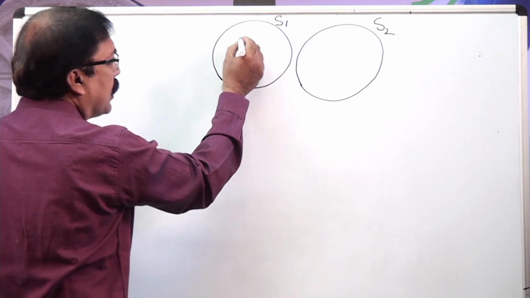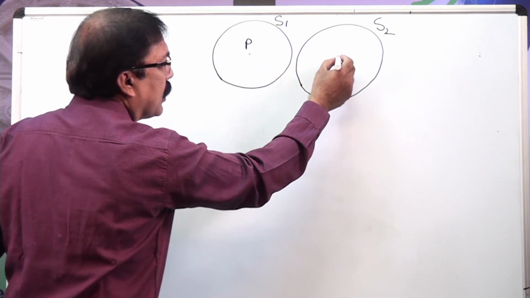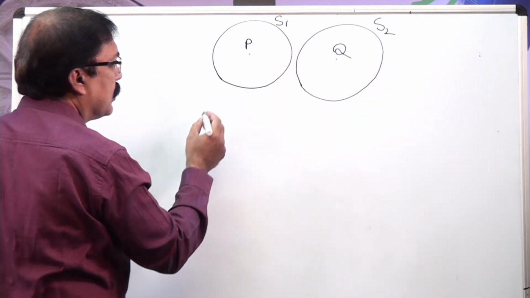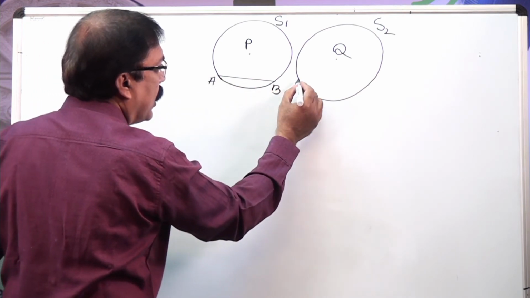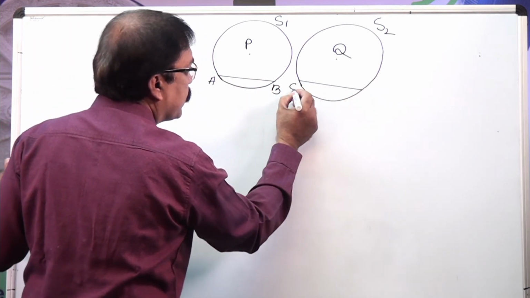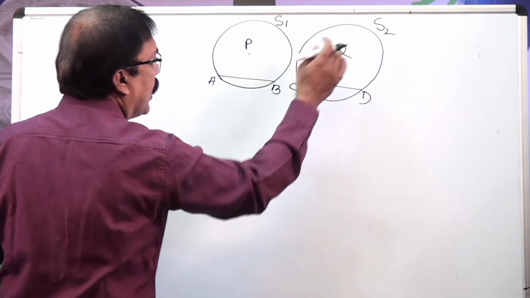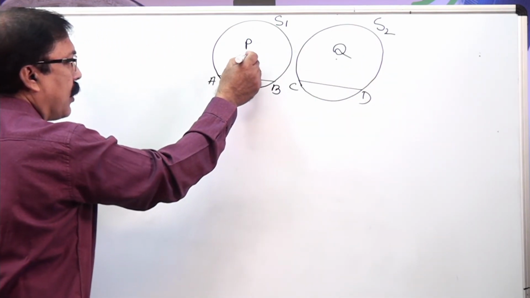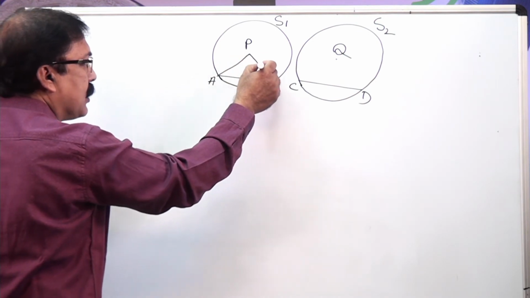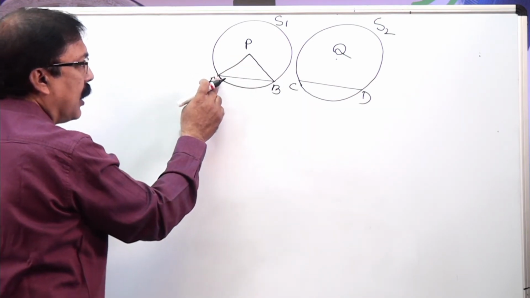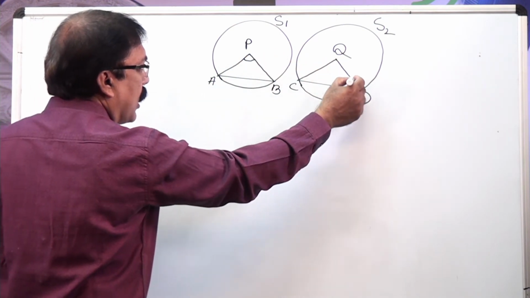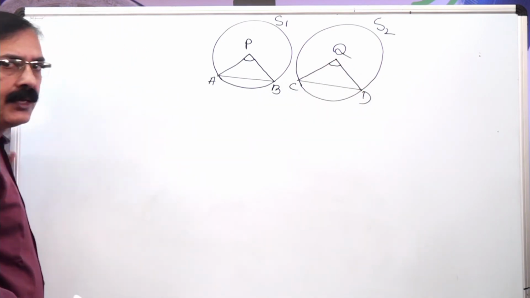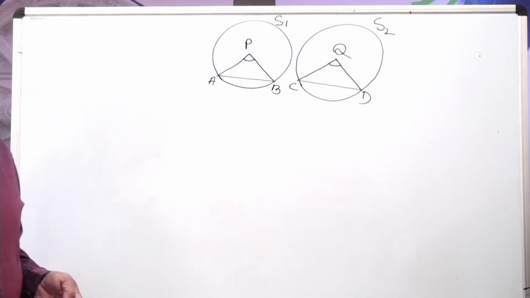If P is the center of the first circle and Q is the center of the second circle, and we have two chords AB and CD respectively in S1 and S2, they subtend equal angles at their respective centers. Means angle APB is equal to angle CQD. If these two angles are equal, we have to show that the chords are also equal.